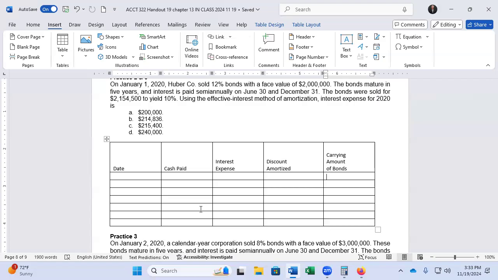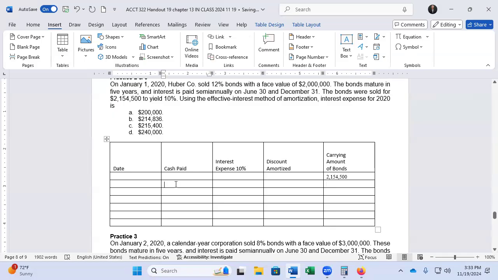All right, so what's our carrying amount of the bonds? Good, excellent. 2,154,500, yep. Remember our interest expense here, we want to yield 10%.